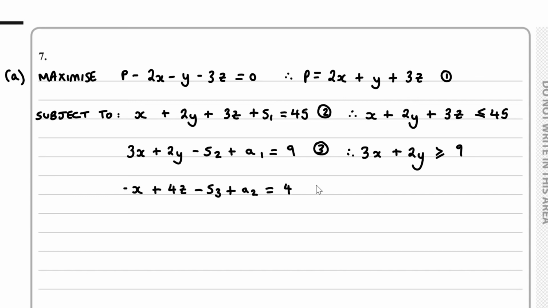So we'll call this equation 4. And if we write this as an inequality, we've got minus x plus 4z, and because we've got a minus slack plus an artificial, we've got a greater or equal to inequality. So minus x plus 4z is greater or equal to 4.